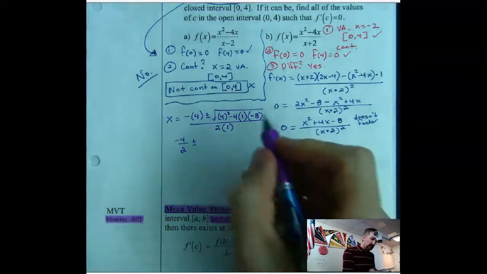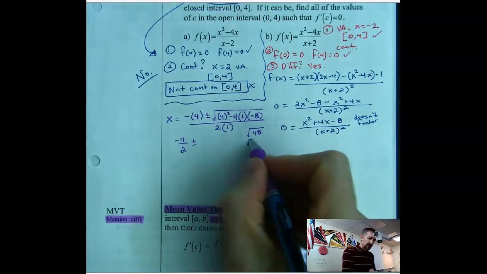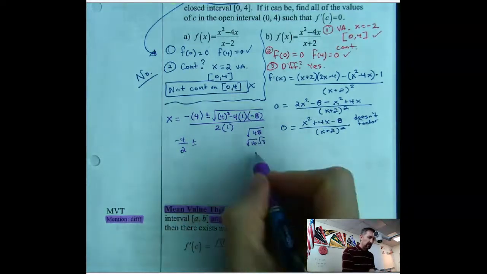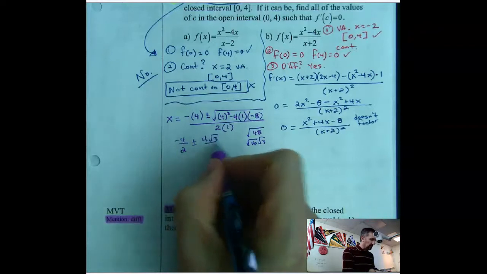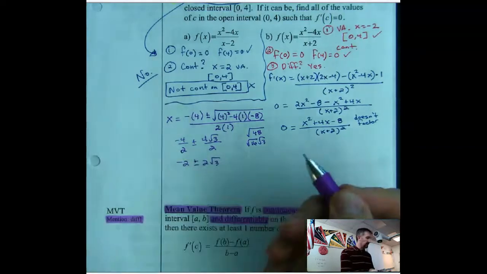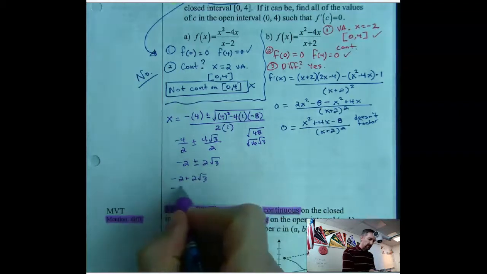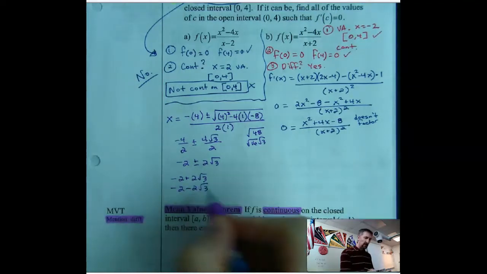And if we work on that square root, that's going to be 16 plus 32, that's 48. That's 16 times 3. So that's going to be 4 root 3 over 2. So that's going to be negative 2 plus or minus 2 root 3. So that's going to be negative 2 plus 2 root 3 and negative 2 minus 2 root 3.